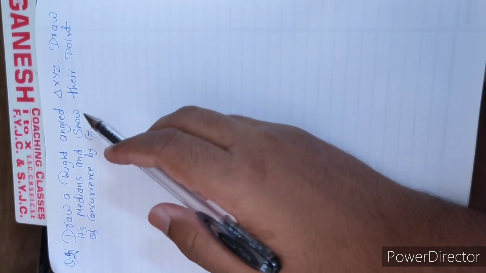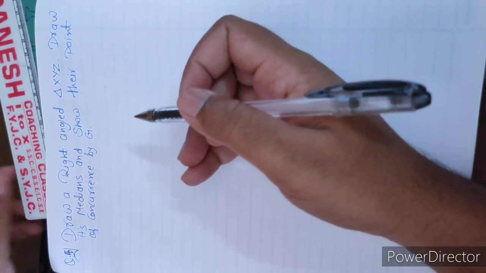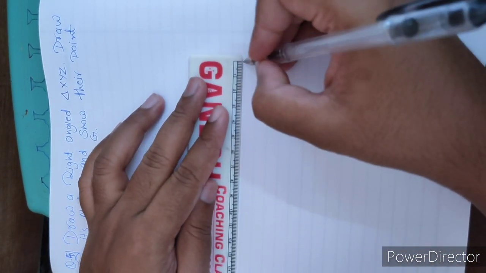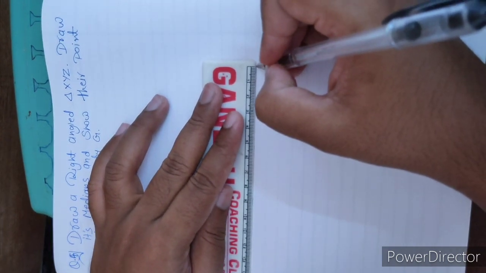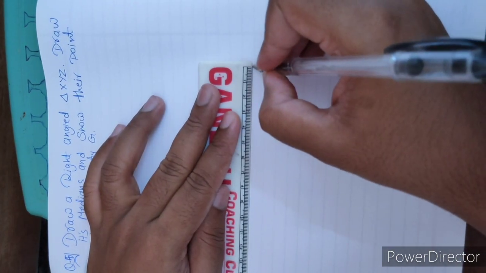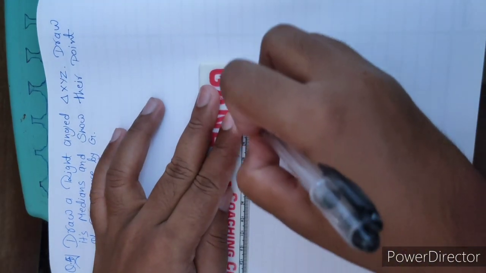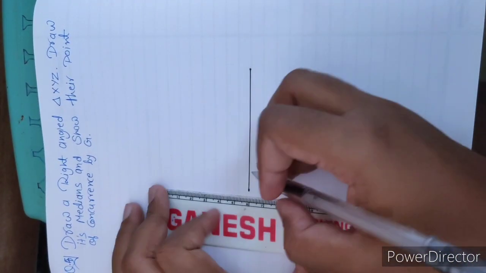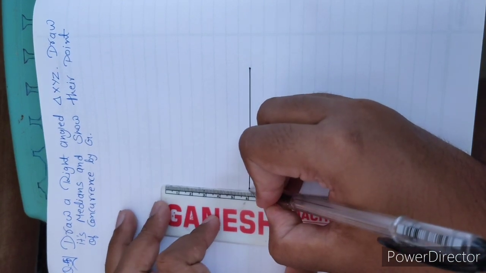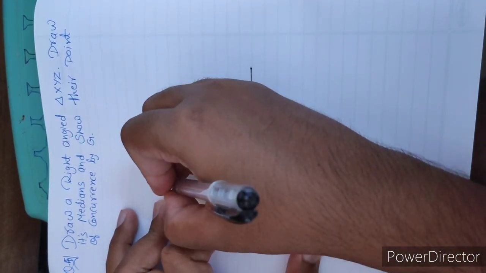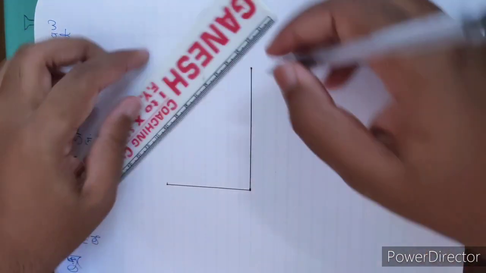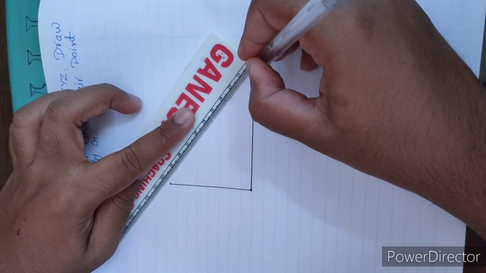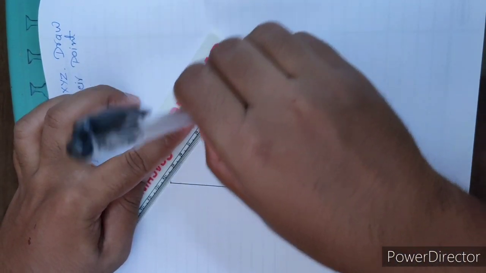First of all we will draw a triangle, which is a right angle triangle. For that we are taking a standard measurement: the base we are drawing 8 centimeter, and the height of the triangle we are drawing 6 centimeter, and the hypotenuse becomes 10 centimeter.